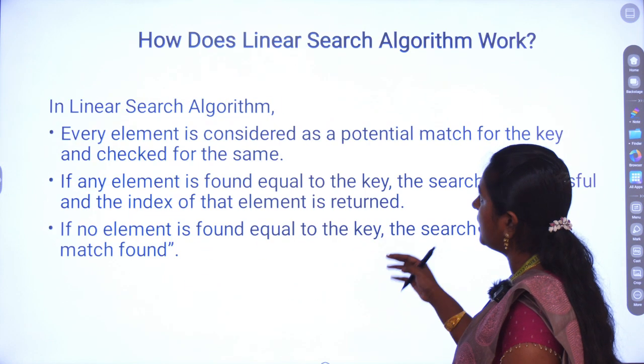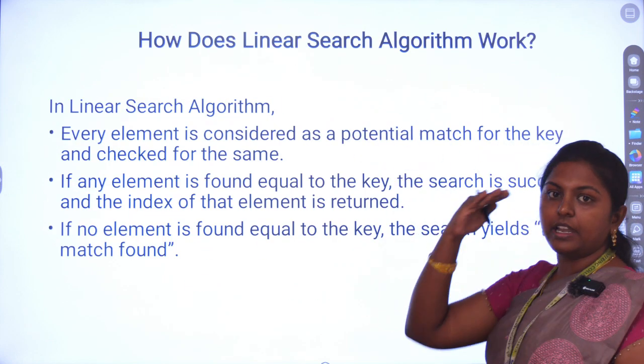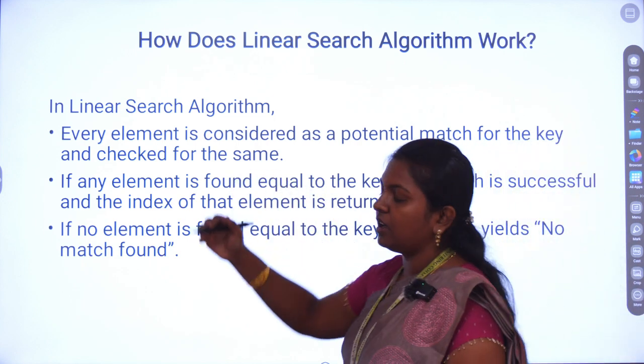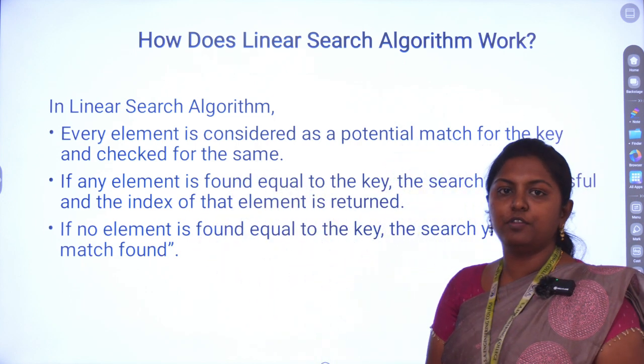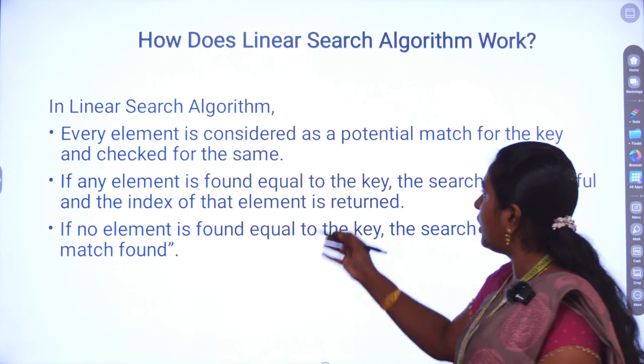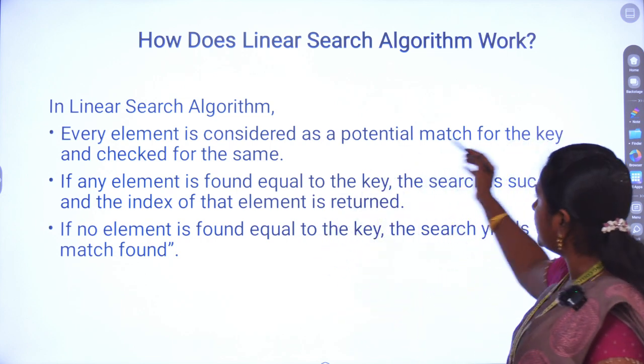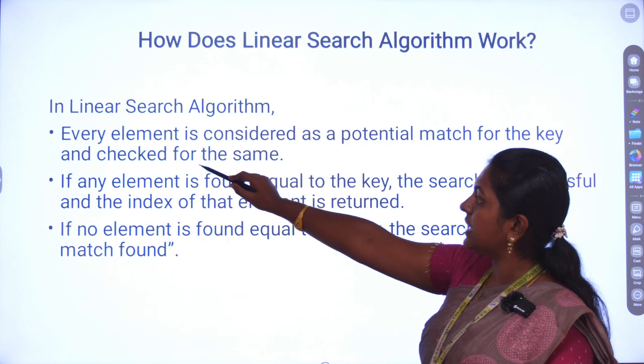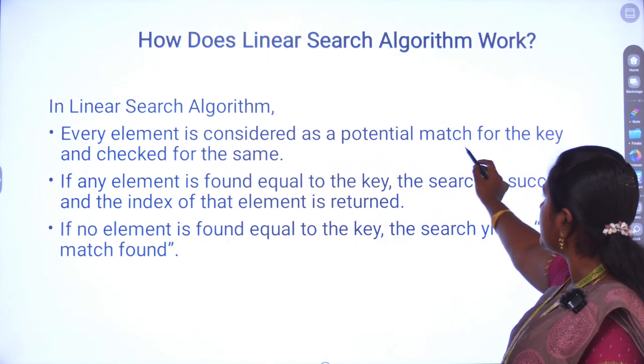Next, there is an algorithm. How does that algorithm work? Let's take an example: we have a bag full of balls and a key ball. Every element is considered as a potential match for the key.